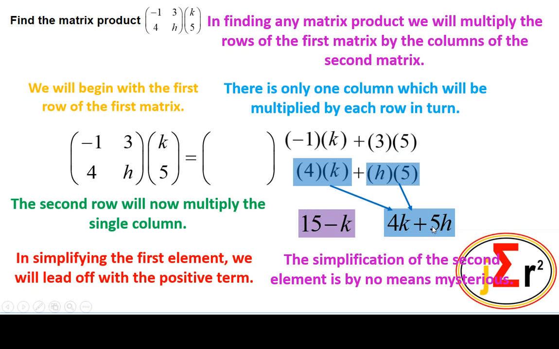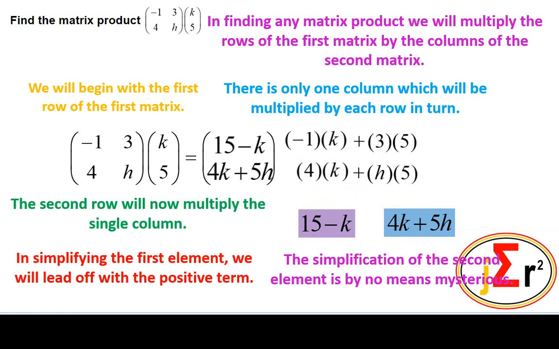Now what will happen is that the first element will take its place in the matrix which represents the product, and the second element will take its place also. So notice that we have this one will go in this position and this one in the second position. The result will turn out to be a column matrix.